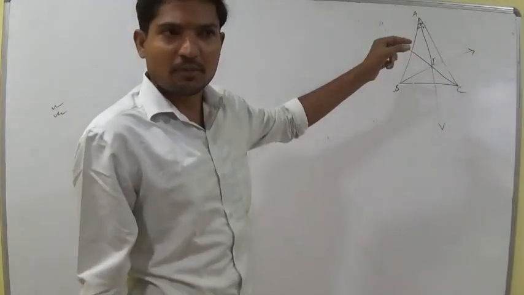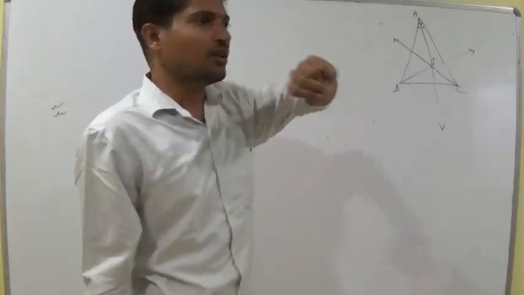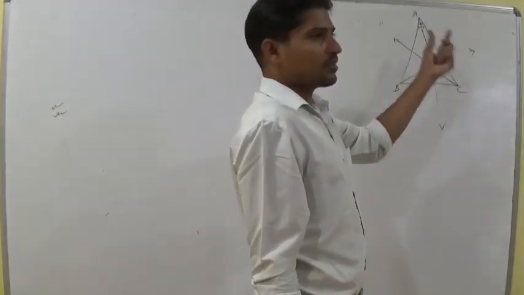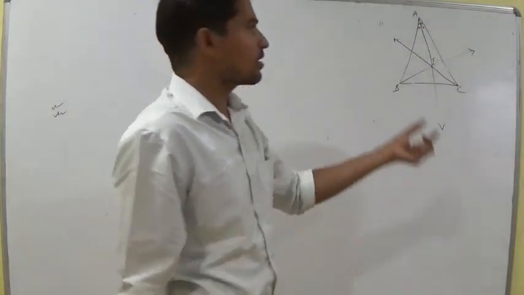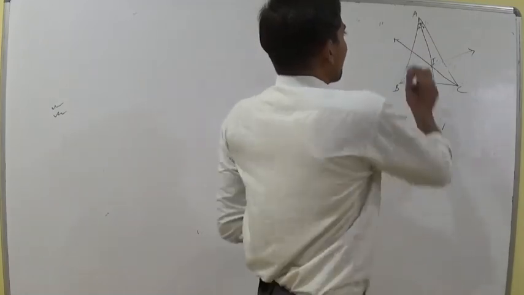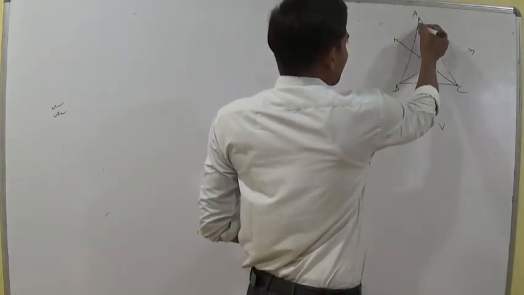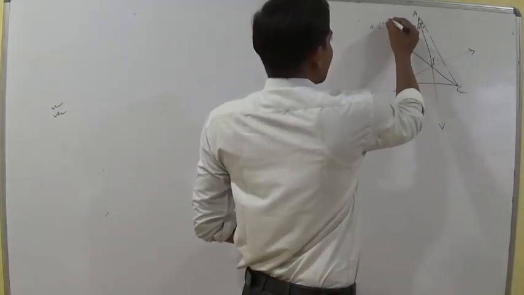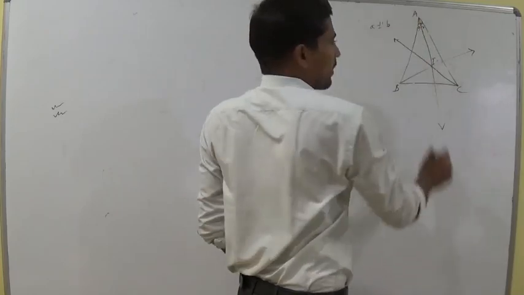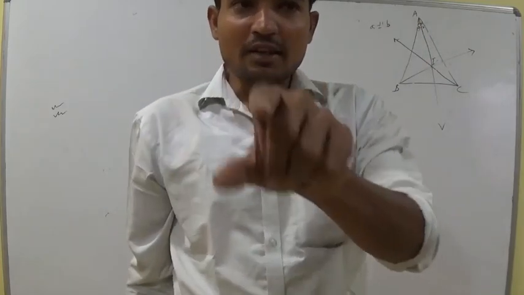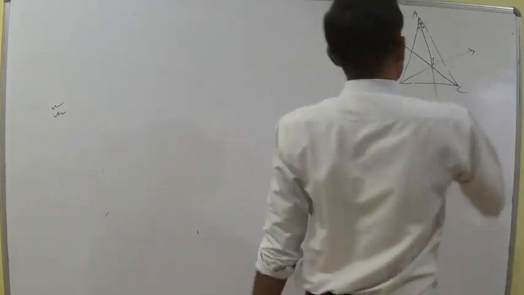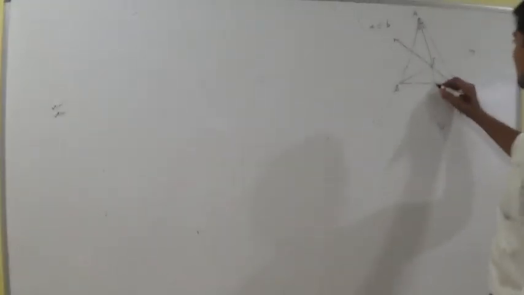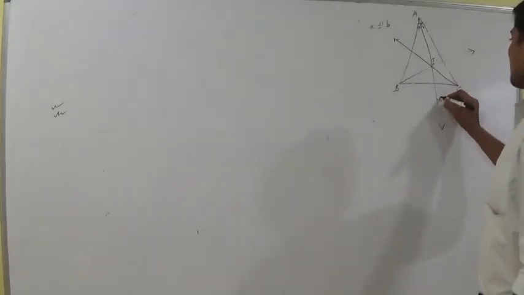Angle bisector means which divides into two equal angles. Two equal angles means whatever the value of A is equal to whatever the value of B, because that is the bisector. What is the bisector here? This is the bisector. Let us suppose this is E.